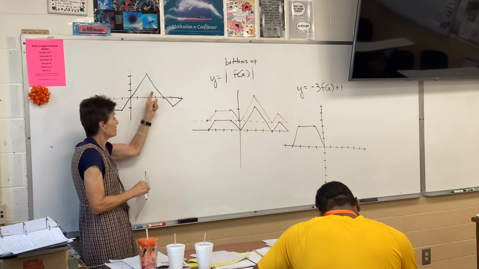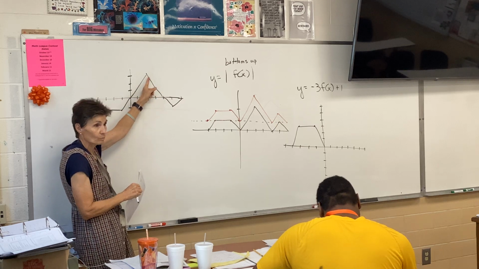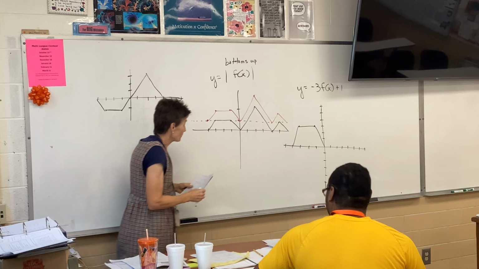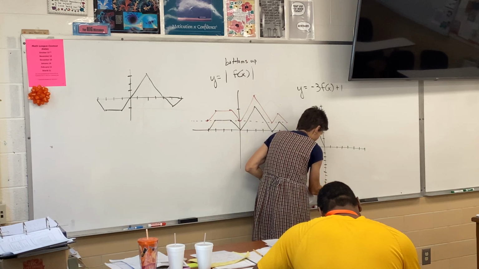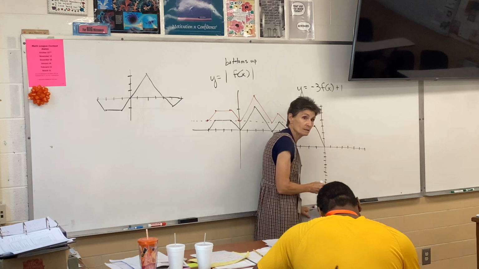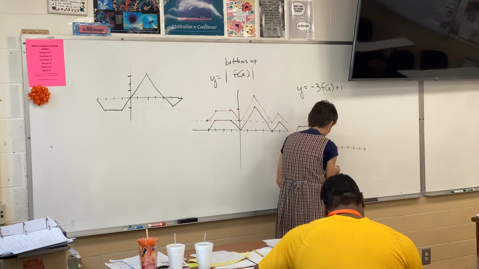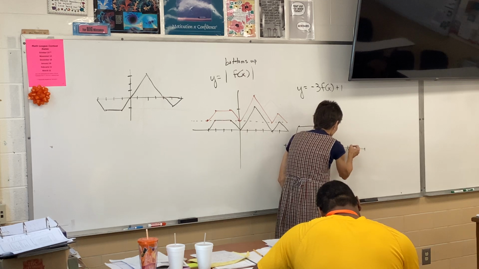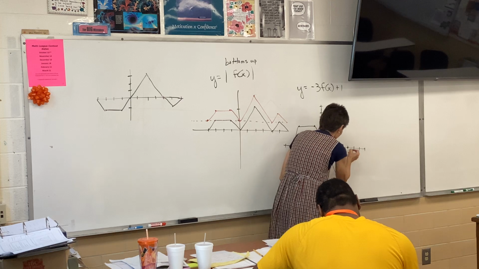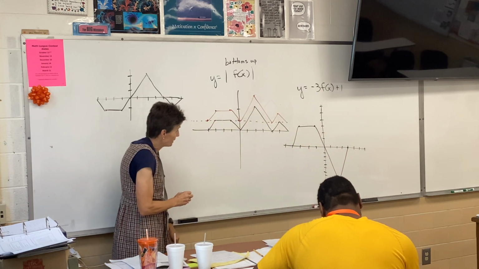Now what's gonna happen to this triangle? How tall is he right now? He is up 3. He's up 3, so he's gonna go down 9. I just messed with my scale, so it's really a lot bigger than that, but I didn't have room, so that's down 9.